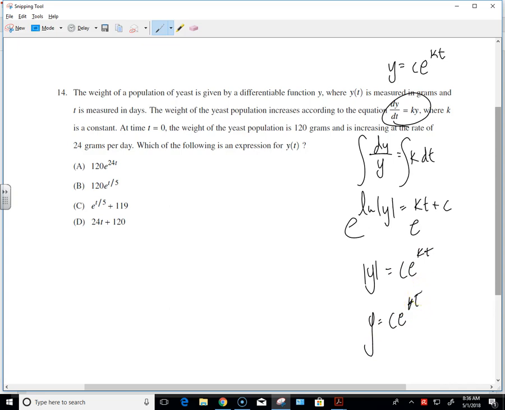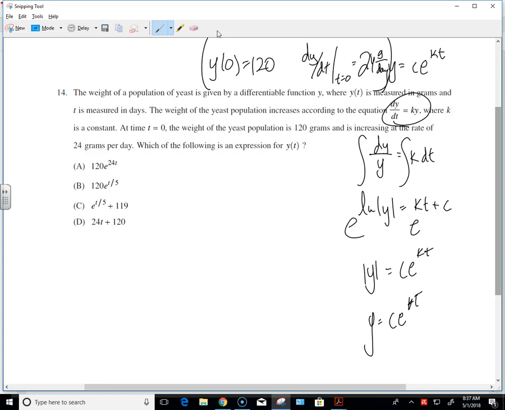Anyway, both ways work. They actually are giving you this exponential growth guy. That's kind of nice. At time t equals 0, the weight of the yeast, so y of 0 is equal to 120, measured in grams. Okay. And it's increasing at a rate of, that's dy dt, 24 grams per day. So these are our givens. Which of the following is an expression for y of t?